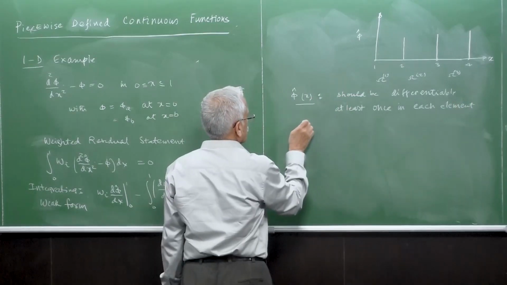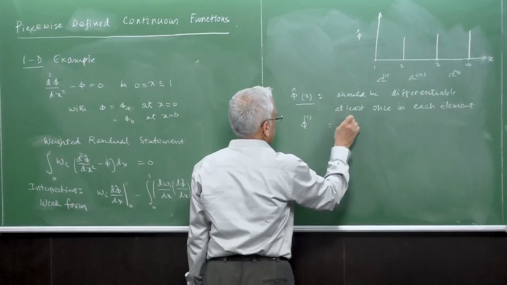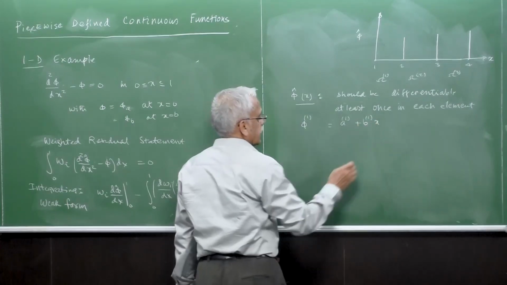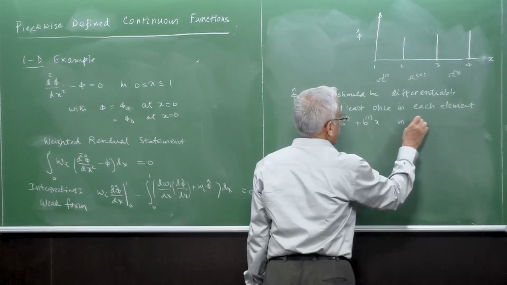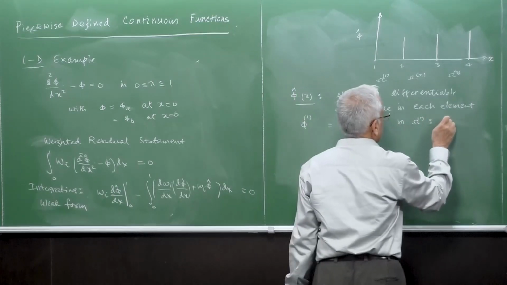Okay, so that means that phi 1 has to be at least a1 plus b1x in omega 1, which is between x1 to x2.